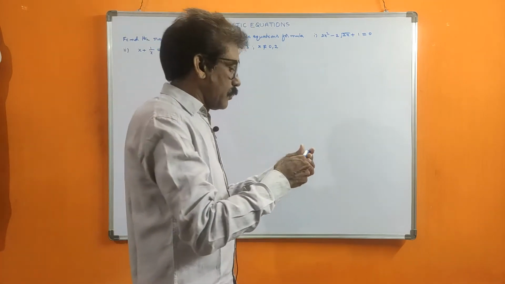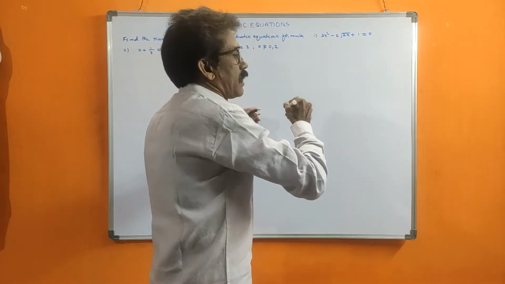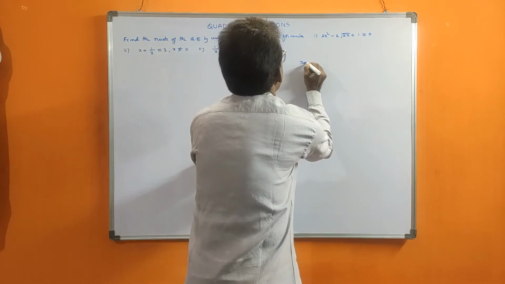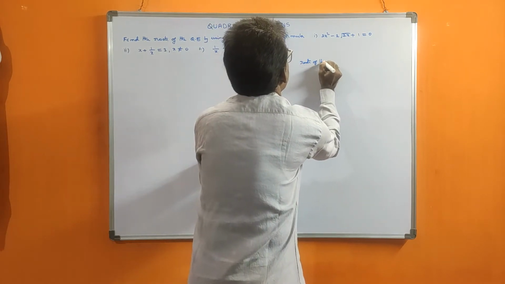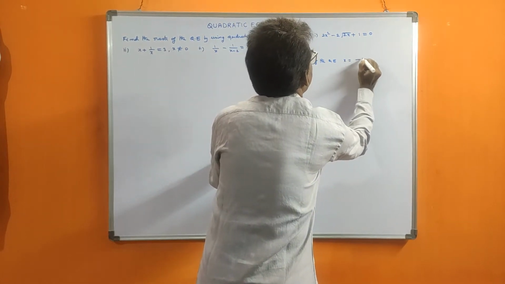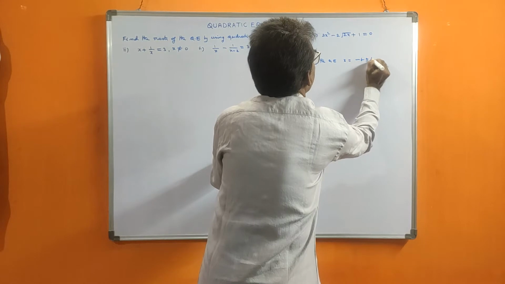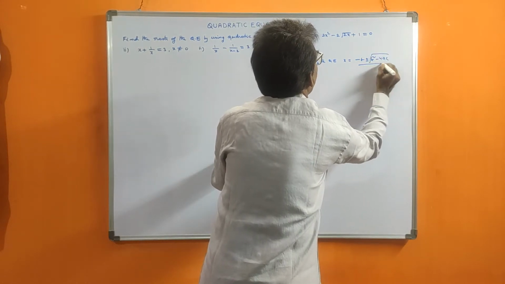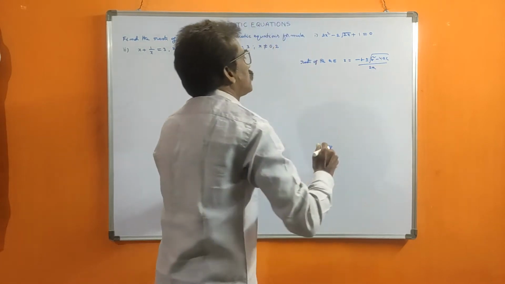Okay. Now, the formula for the roots of the quadratic equation: x is equal to minus b plus or minus the square root of b square minus 4ac, whole divided by 2a. This is the formula.